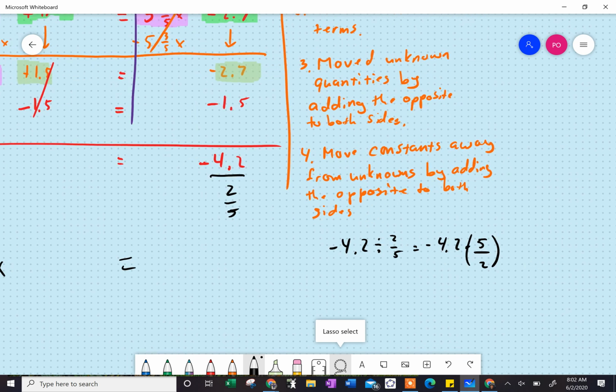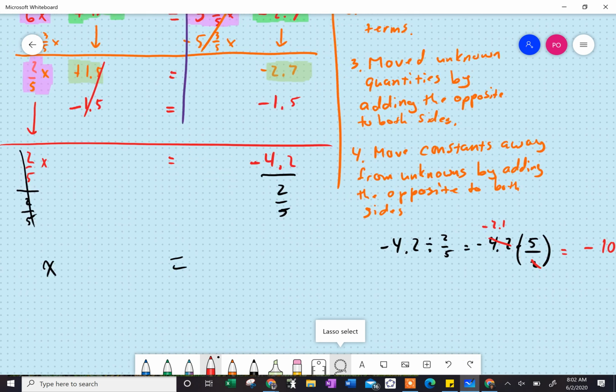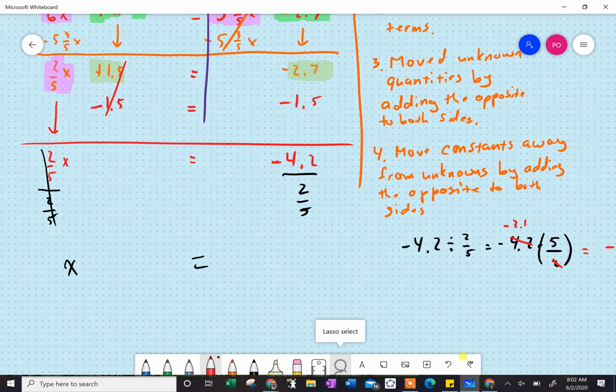Let's see. I know that I don't have my calculator on, so that's why I'm doing this by hand. 2.1, well, 2 times 5 is 10, and 1/10 times 5 is negative 5/10. So it's negative 10 halves, 10 and a half, 10.5.